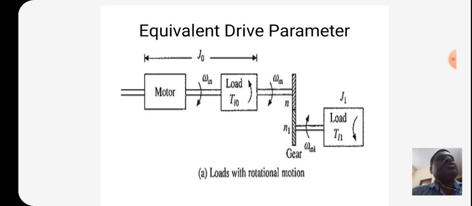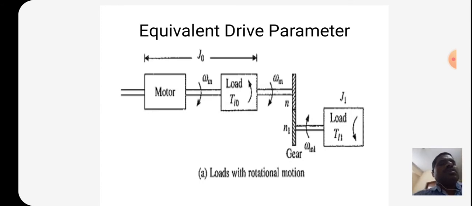So the speed ratio A1 is equal to N upon N1, which is also equal to omega m1 upon omega m. If the number of teeth is more, the speed is low. If the number of teeth is less, the speed is high. On that basis, we find the equivalent inertia.